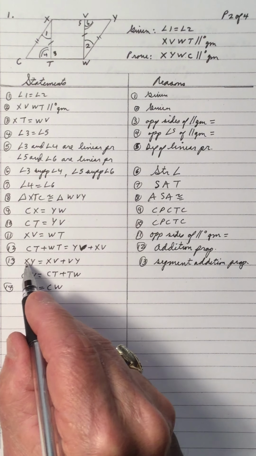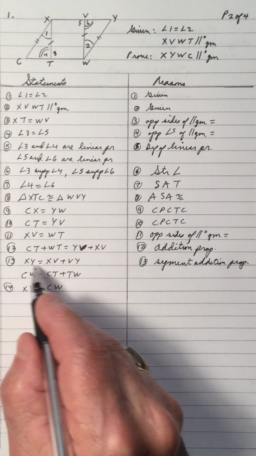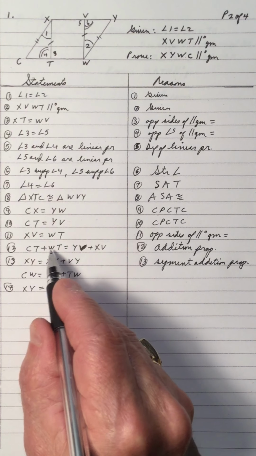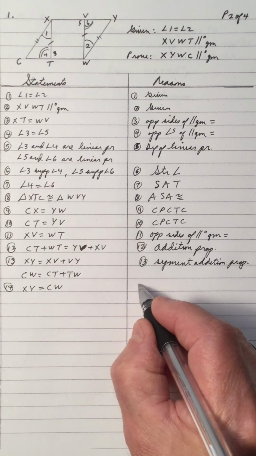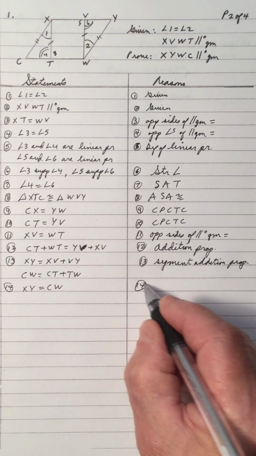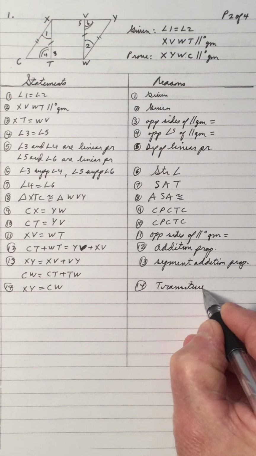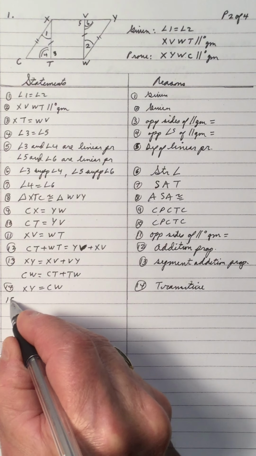If XW equals those two, and if XY equals these two, and CW equals those two, there they are. So XY equals CW by the transitive property of equality.